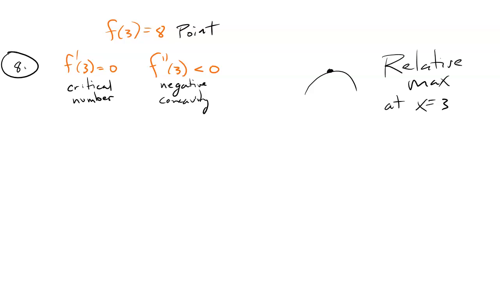If they do, then instead of saying a relative max at x equals 3, I would say there's a relative max at (3, 8), because I know the point rather than the x value. Depending on the information they give you, it depends on how specific an answer you can give.